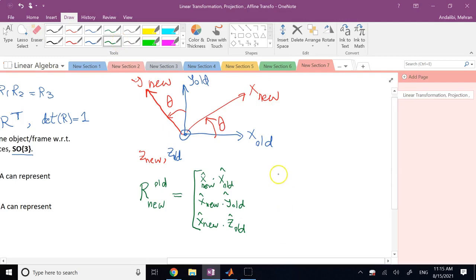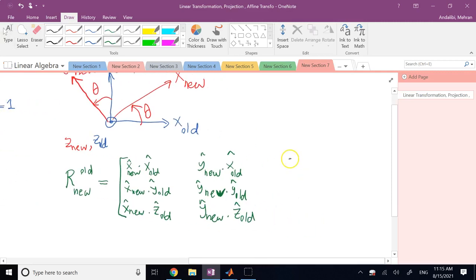And then similarly, if I go to the next column, it's going to be y new in terms of all of the old axes. So y new dot x old, y new dot y old, and y new dot z old.